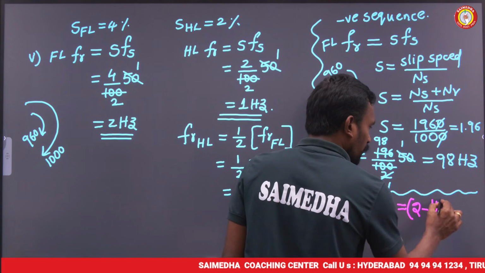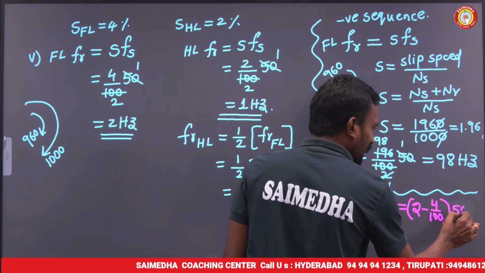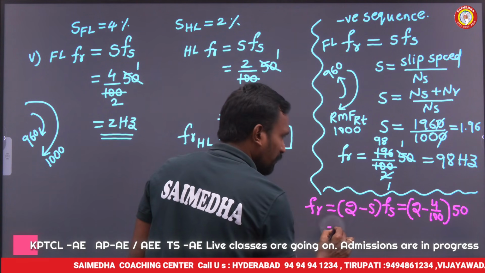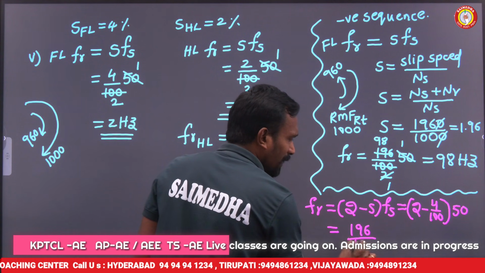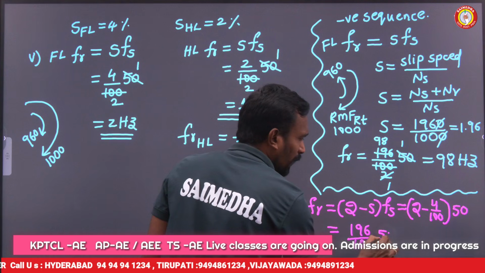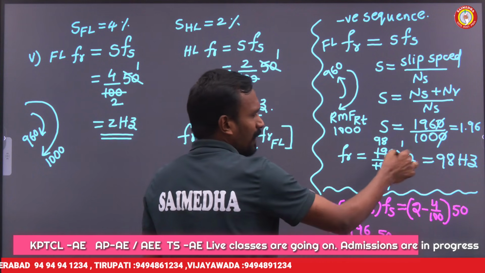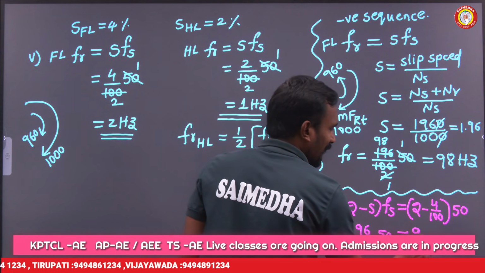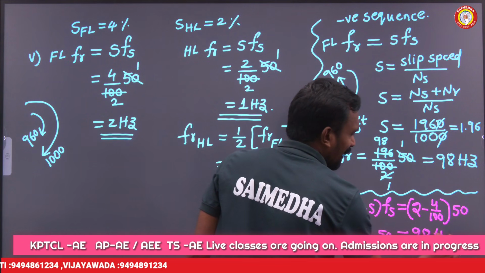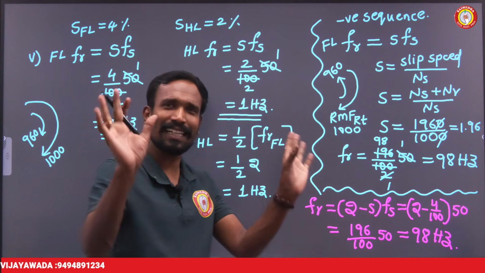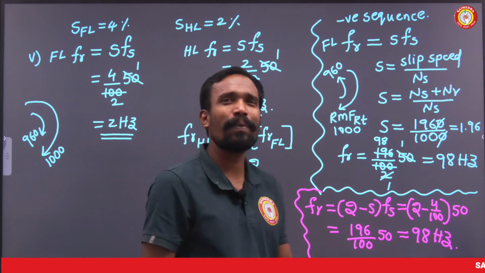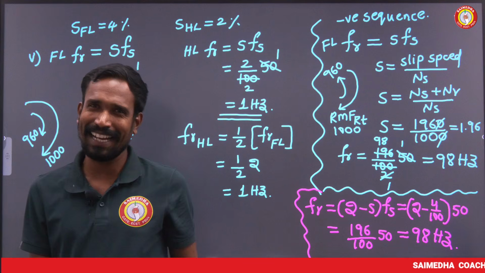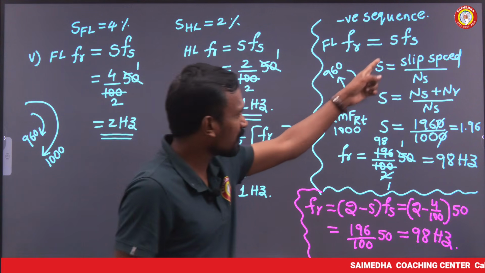So 200 minus 4 is 196, 196 by 100 into 50, which is 98 Hz. Like that also you will get the answer. That is what I gave: Fr is equal to (2 minus S) into Fs. This is also correct.